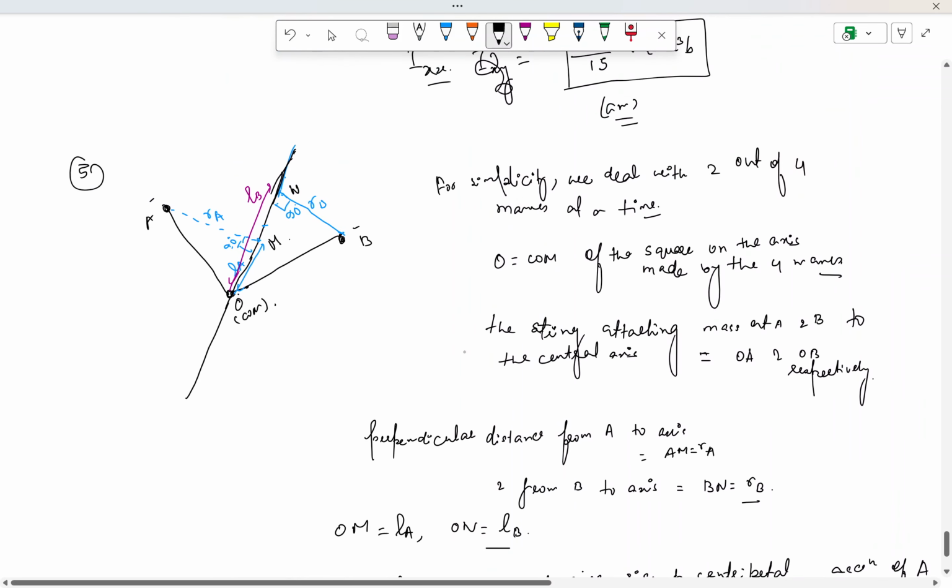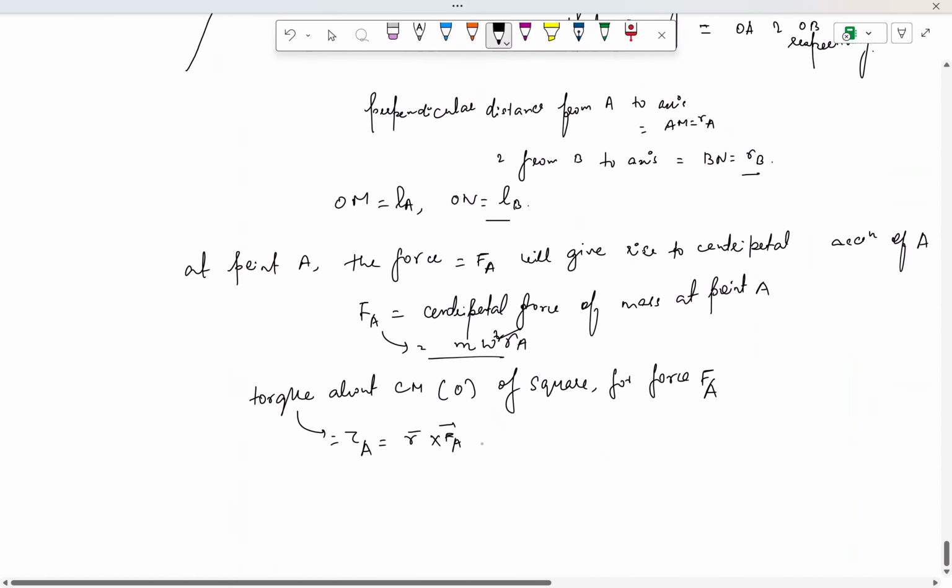If you just bother about the magnitude and not the directional information of this torque, the value will be force times the perpendicular distance from the center of mass point to the line of the force.